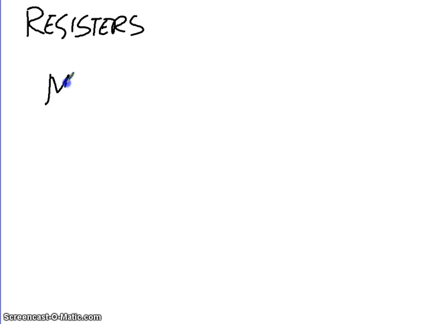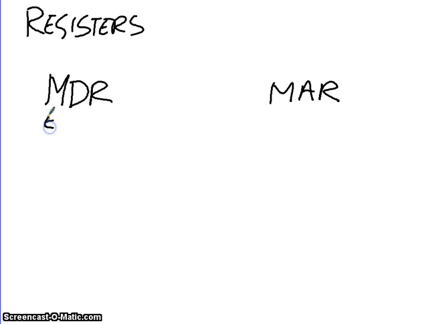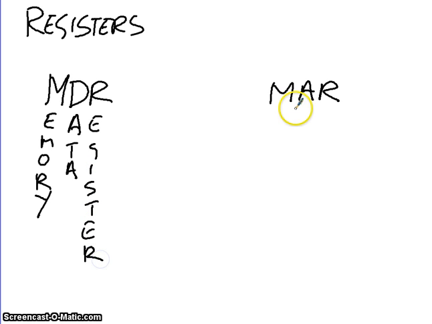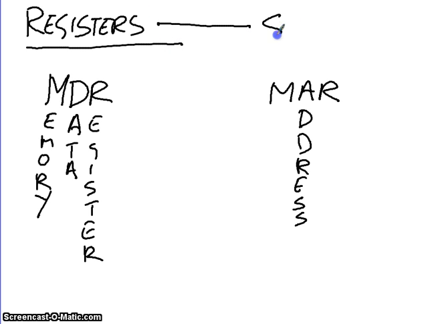There is the MDR, and the MAR. Okay? You have a memory data register and a memory address register. And when it says register, this means somewhere to store stuff.